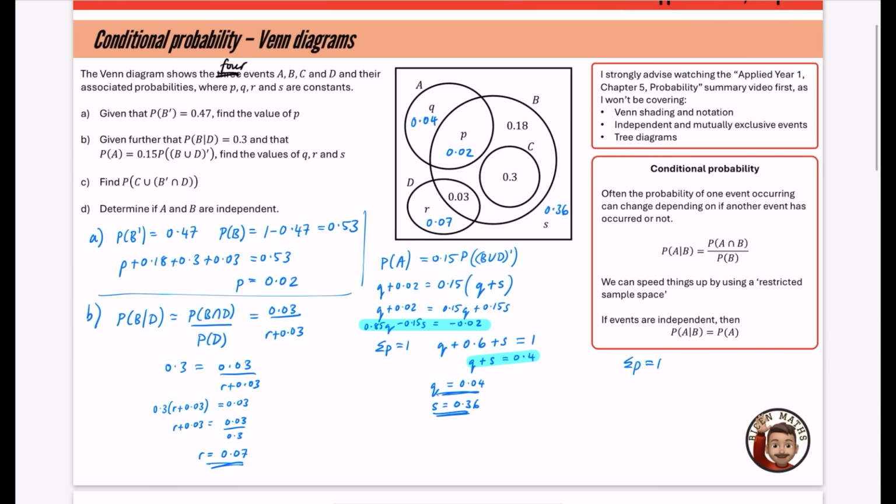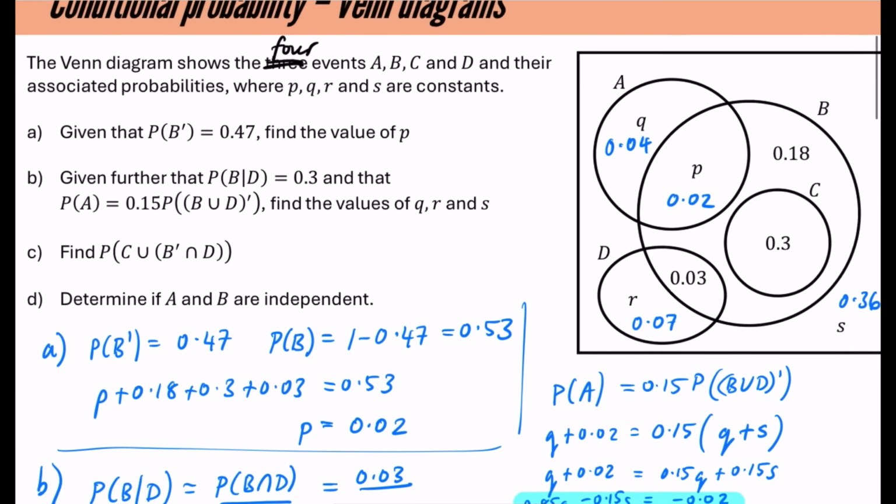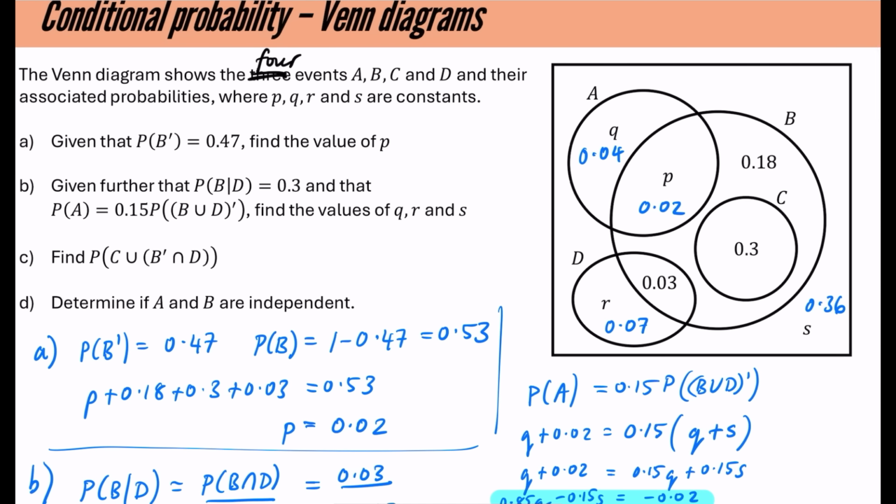And then for part C of the question, it says find, and then we've got to do another kind of interesting Venn diagram. We have the probability of C or not B and D. Well, this is quite easy because when you do union, you just shade one of them and then shade the other part and we just add them together. So this is the C part that we've got here. And then I'll probably do it in the same color.